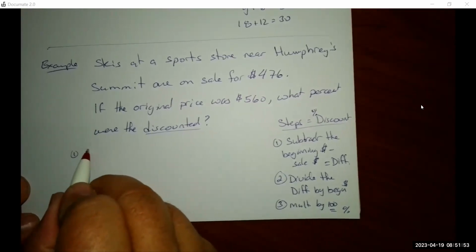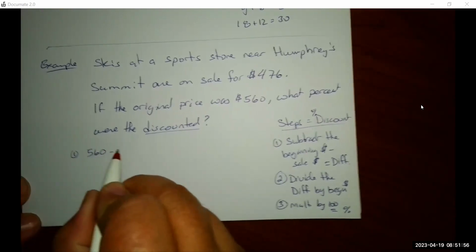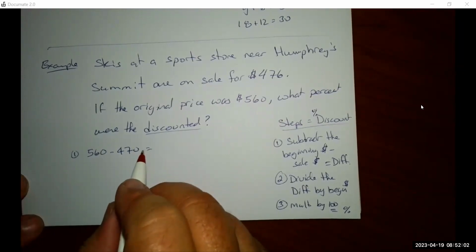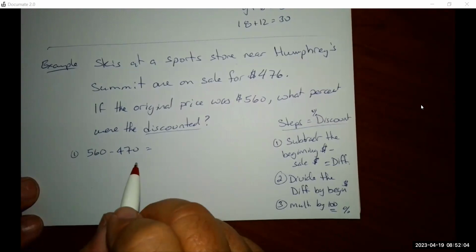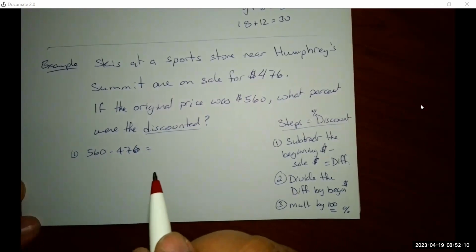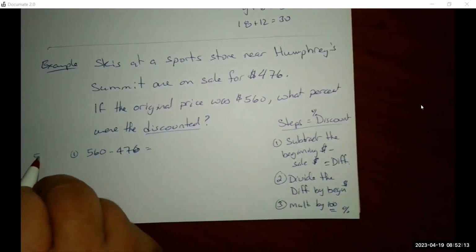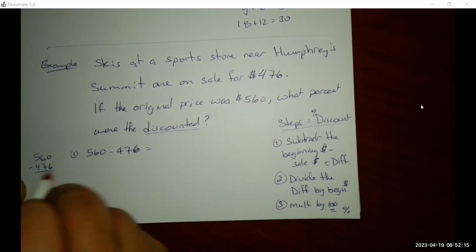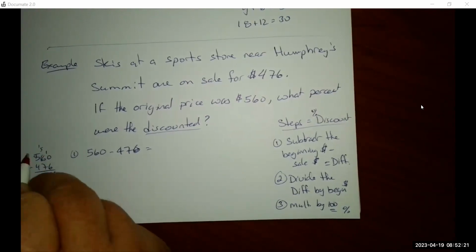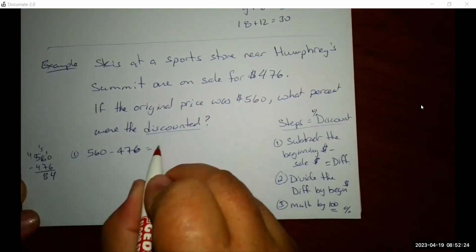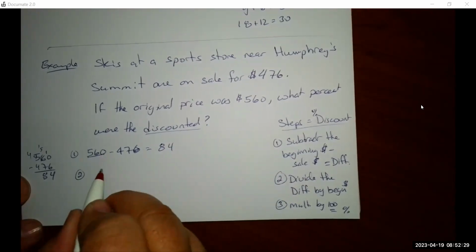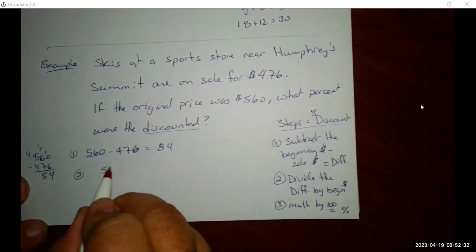So step one, we have 560 minus 476. Or 15 minus 7 is 8, so it's $84. Take the beginning price.